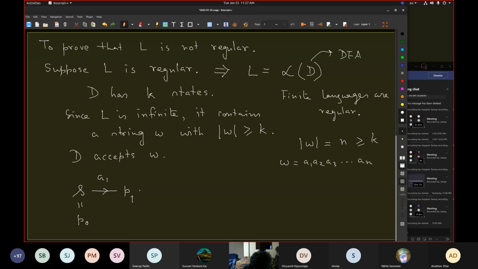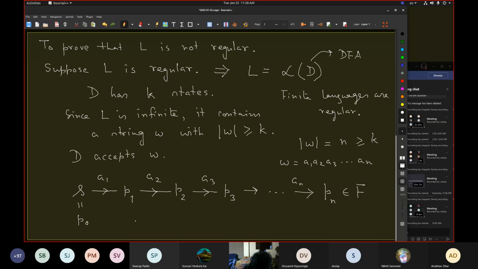Then it reads A2, it goes to a state P2. It reads A3, goes to a state P3, and so on. Eventually, it reads AN, goes to a state Pn, and it has to be in the set of final states because the DFA accepts the language L. Agree?